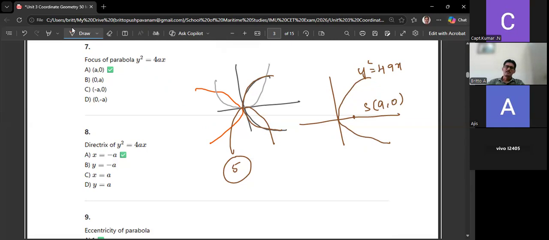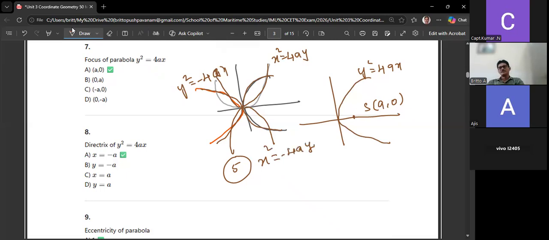If the parabola opens to the left side, it is y squared equal to minus 4ax. If a parabola opens up, then x squared equal to 4ay. If a parabola opens down, then its equation is x squared equal to minus 4ay.